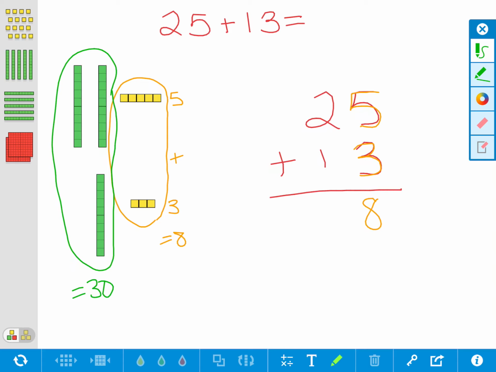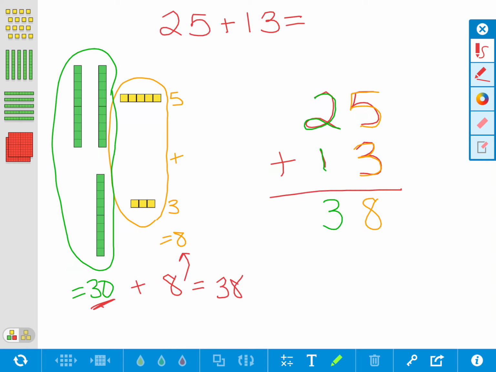If I look in my tens place, I have 2 tens plus 1 ten is going to give me 3 tens. Now just to double check, I'm going to go back to my place value blocks. If I had 30 here plus the 8 from up here, 30 plus 8 equals 38. I got the same answer.